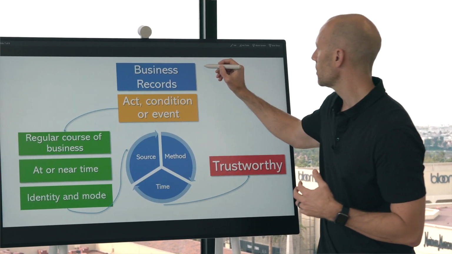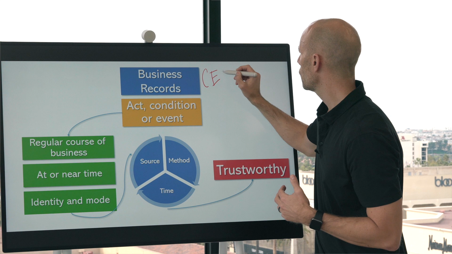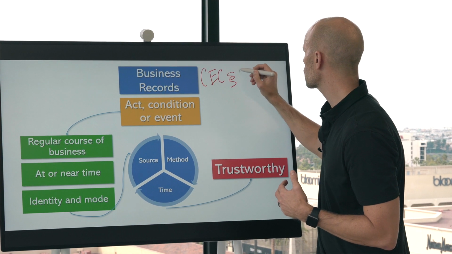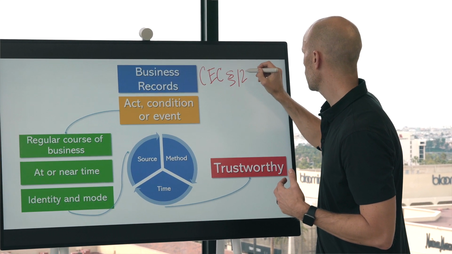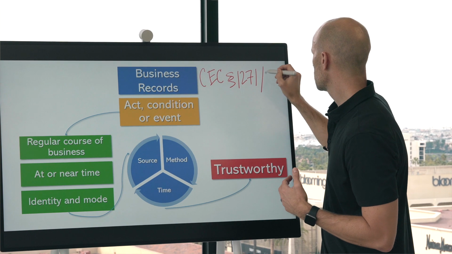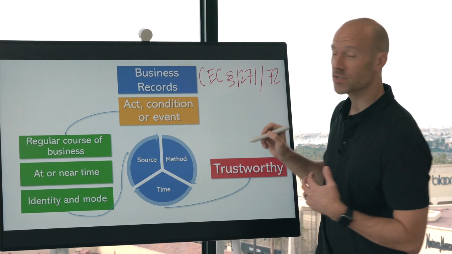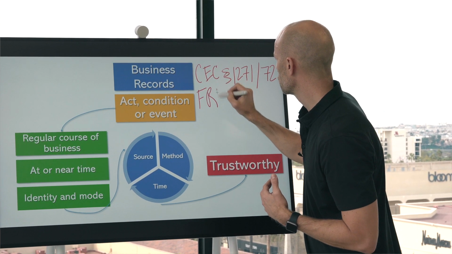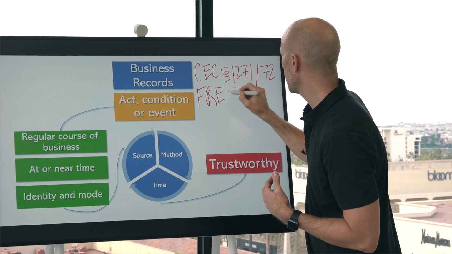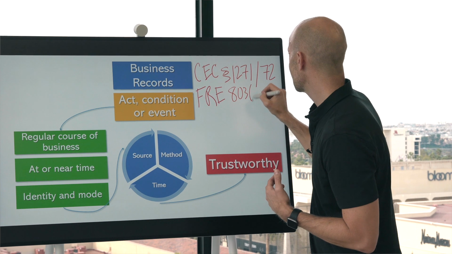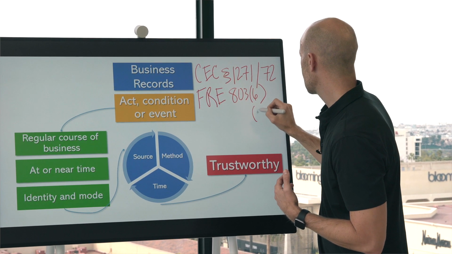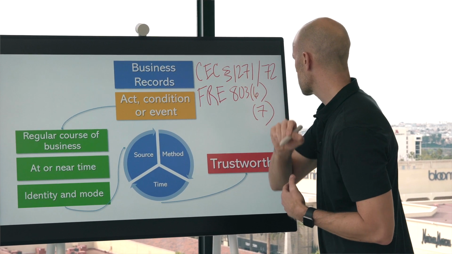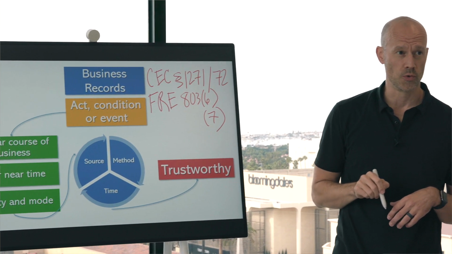In California, we will look at California Evidence Code section 1271. Section 1272 is the absence of a business record. In the federal rules, we will look at Federal Rule of Evidence 803(6), and 803(7) is the absence of the business record rule.